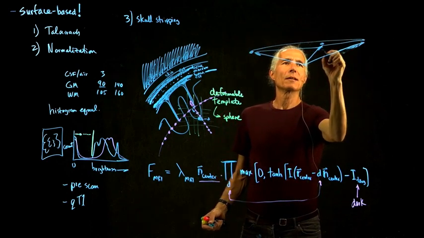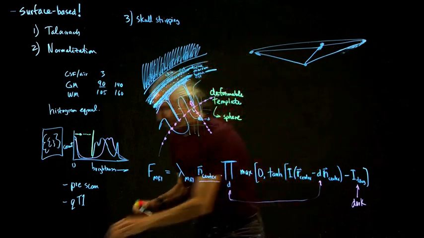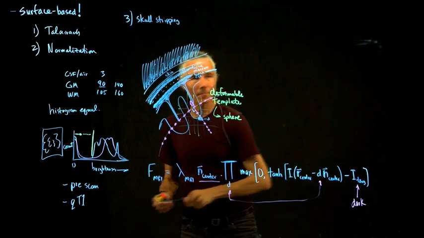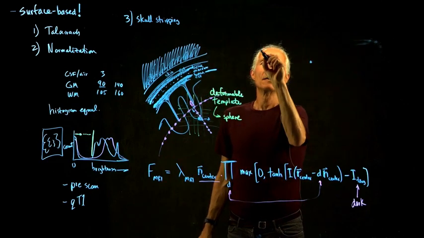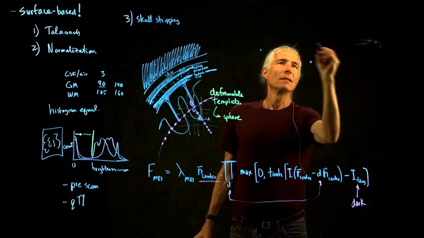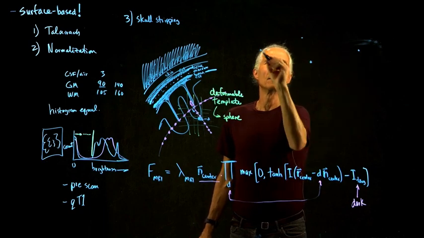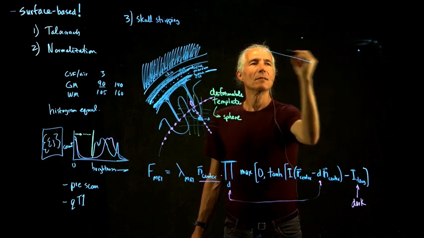Here's one point on the surface, and then here's another point, and we'll put another point over here, and another point here. Okay, so these are all the guy's neighbors.